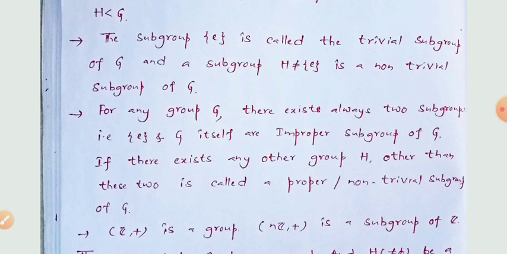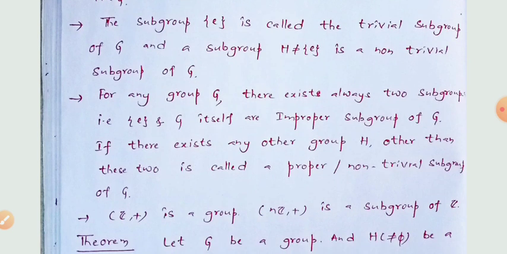The set {E} and G are called the improper subgroups of G. If there exists any other subgroup H other than the identity set and G, then these are called proper and non-trivial subgroups of G.